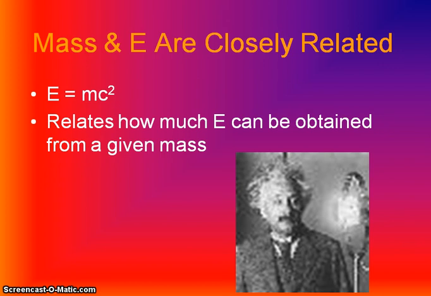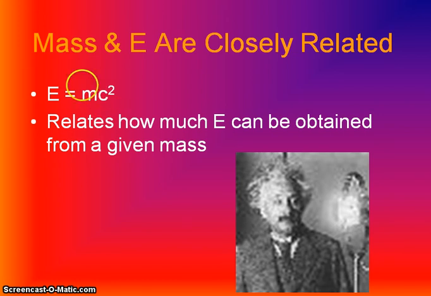Mass and energy are closely related. You're probably familiar with the equation E equals mc squared. E stands for the energy, in joules or kilojoules, m is going to be the mass of an object, and c is going to be the speed of light, which is 3 times 10 to the 8th meters per second.